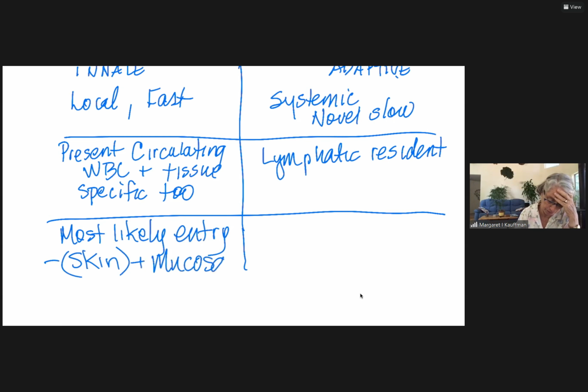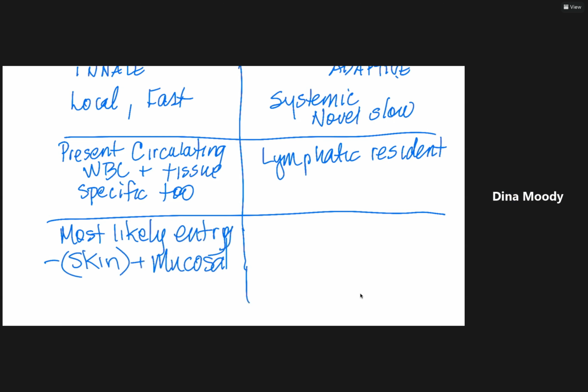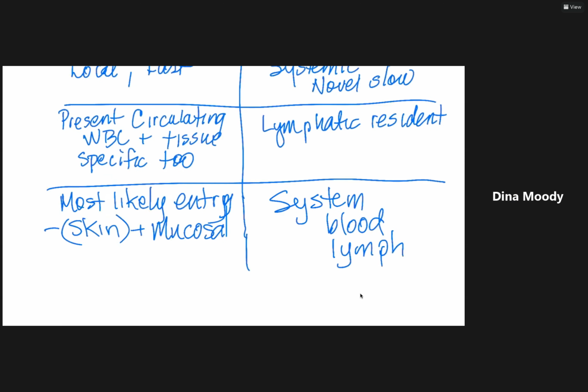Skin's a pretty good barrier. And what would you put on the adaptive side? I've got the infection is systemic and it's found in the blood, the lymph, the tissues, etc. I'm going to say multiple tissues.